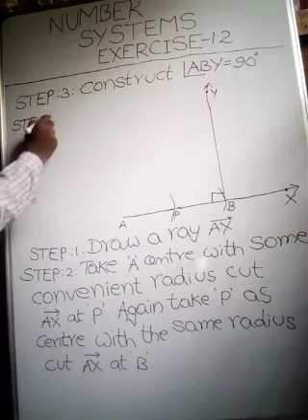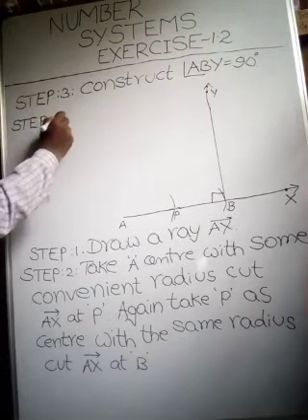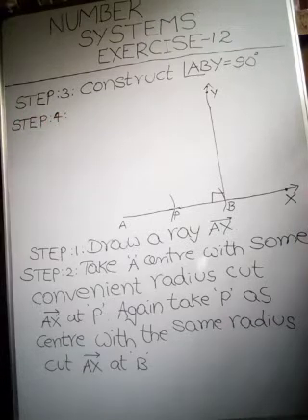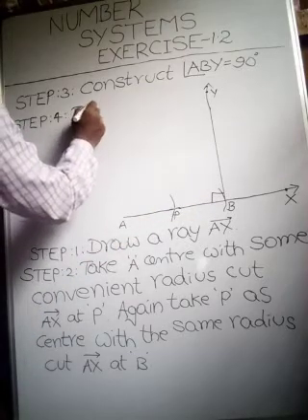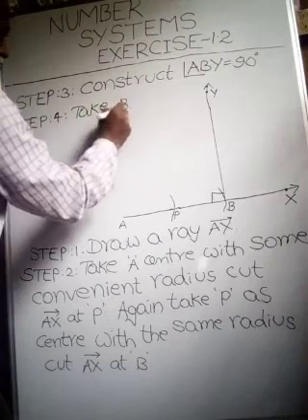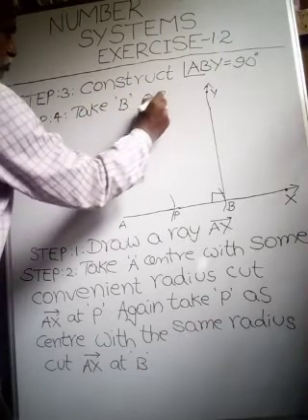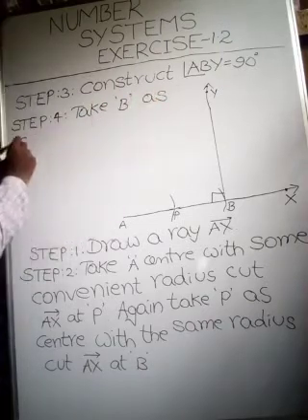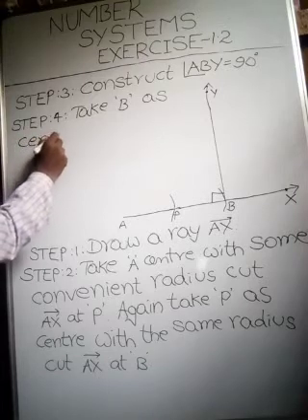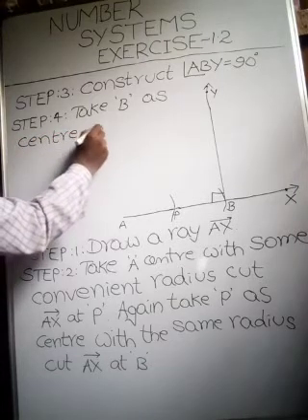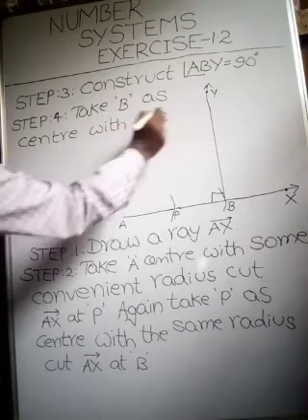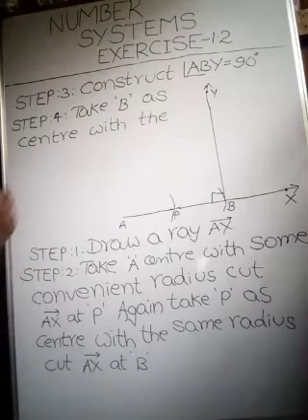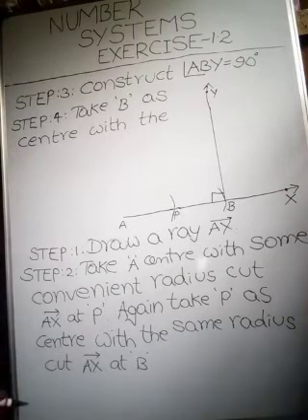Now step 4. Take B as center. It is the previous radius, the same radius throughout this question. Don't disturb the radius.